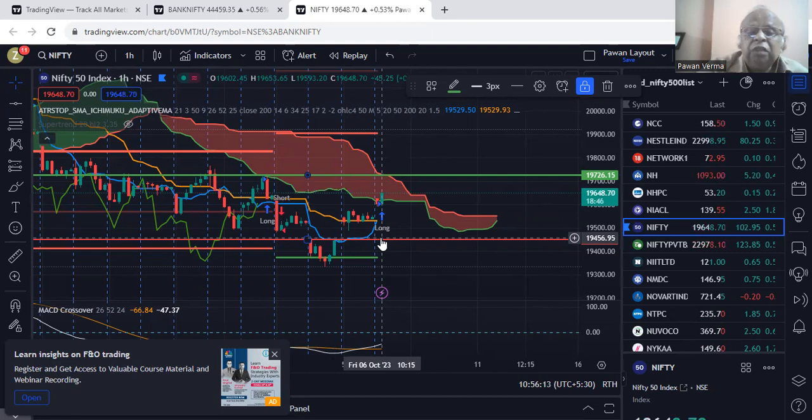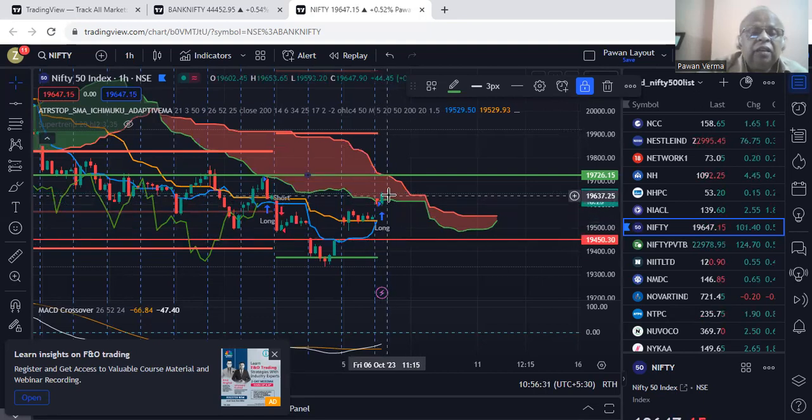If it is overlapped and horizontal, then the trend confirmation candle cannot be generated. We have to wait for another hour. So in an hour or two, we can get the trend confirmation candle.